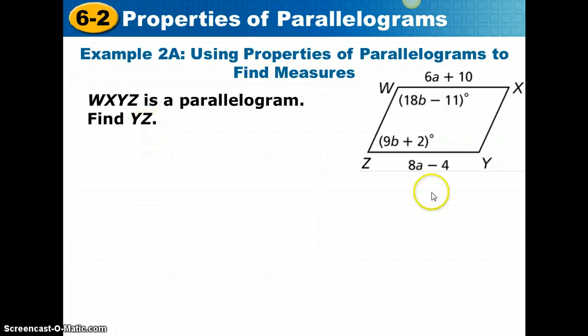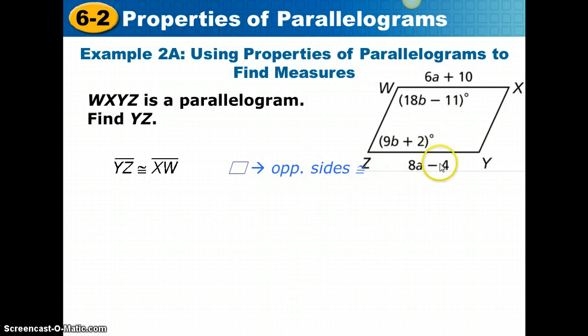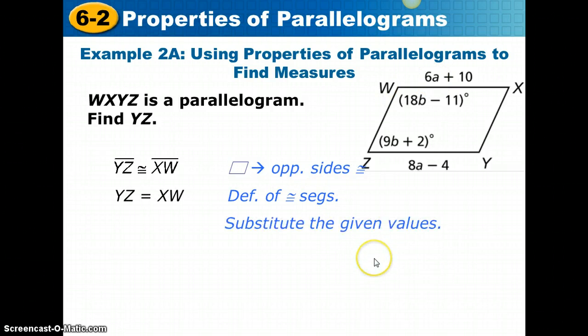So in order to find YZ, we're going to use the fact that in a parallelogram, opposite sides are congruent. So YZ and XW are congruent. So their lengths are equal by definition of congruent segments. And if I substitute those values in, I get this equation. This equation would allow me to solve for A. Once I know A, I can plug it back in and find the length of YZ.